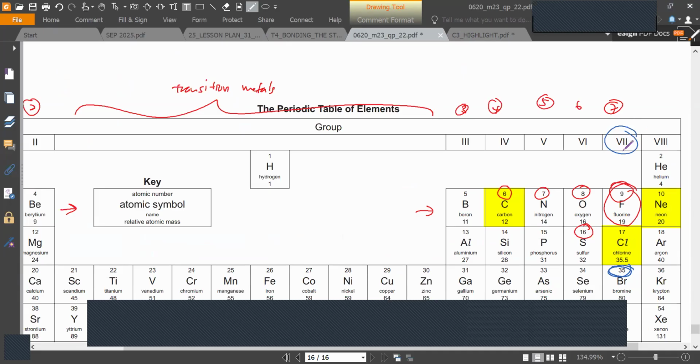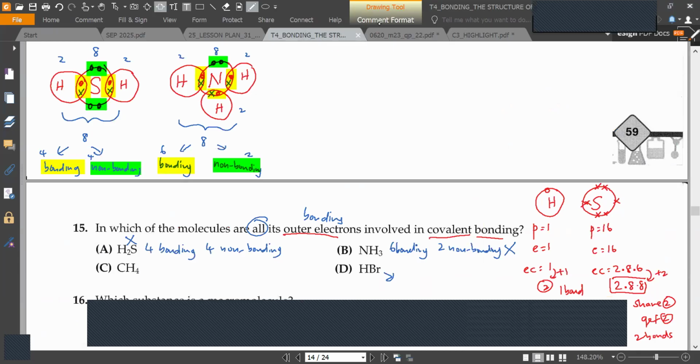Br in group 7 has 7 outer electrons, 1, 2, 3, 4, 5, 6, 7.